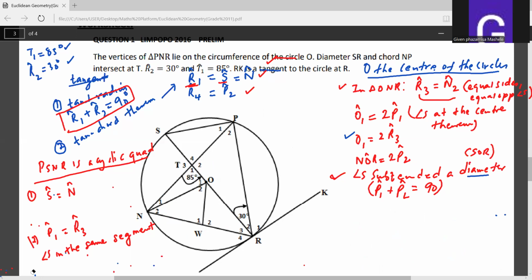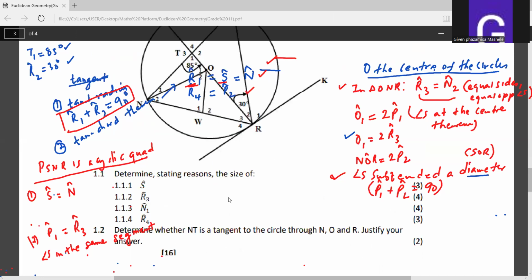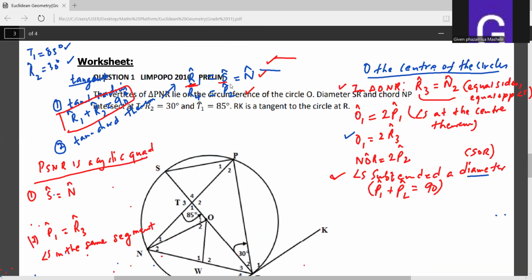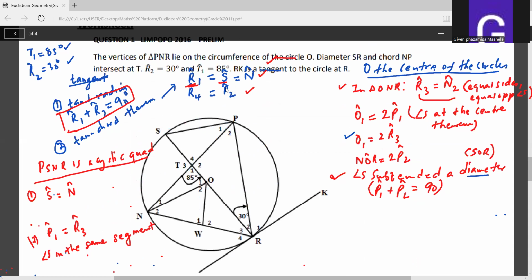All right, what is the next question? The next question wants us to determine R4. Already, in that other method we used, we got R4, because R4 is equal to P2, which is the tan-chord theorem. That means if we know P2, we can get R4.